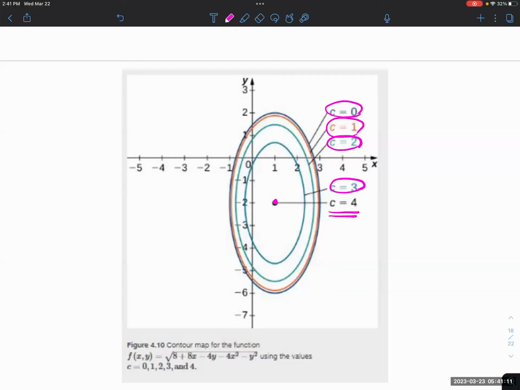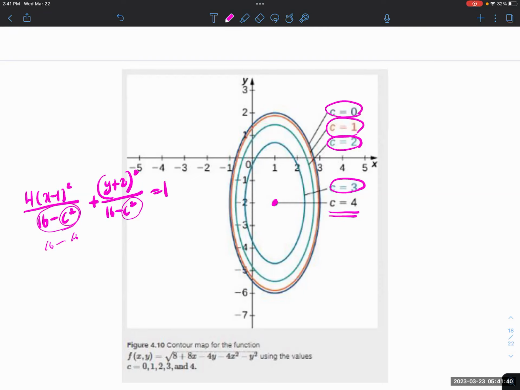The generalization of this function is (x minus 1) squared over 16 minus c squared, plus (y plus 2) squared over 16 minus c squared, equal to 1. You just keep changing c, and it gets a little wider ellipse. But especially when c equals 0, the denominator will be 0: 16 minus 16 is 0. So only the center will remain.